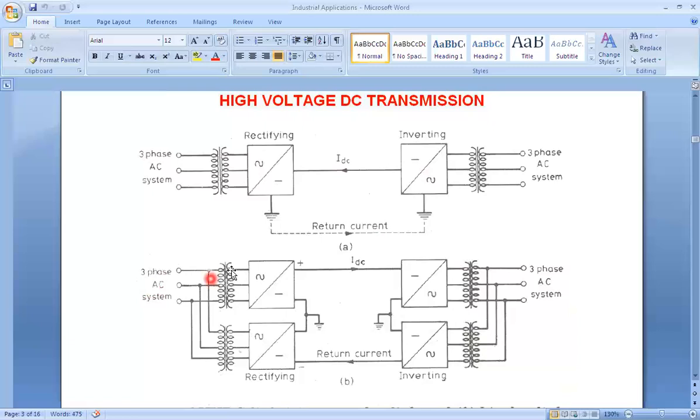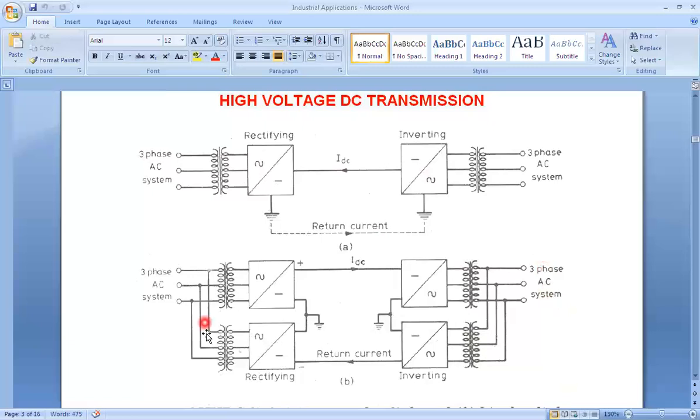Three-phase AC supply is connected with the transformer, and the output of this transformer is three-phase AC connected with the phase control rectifier or diode rectifier, which rectifies the AC voltage into DC. The positive wire is connected with the inverter plus terminal. The inverter inverts the DC voltage to three-phase AC supply, and the output of this inverter is connected with the transformer so that we may match the voltage requirement of the three-phase AC supply system.